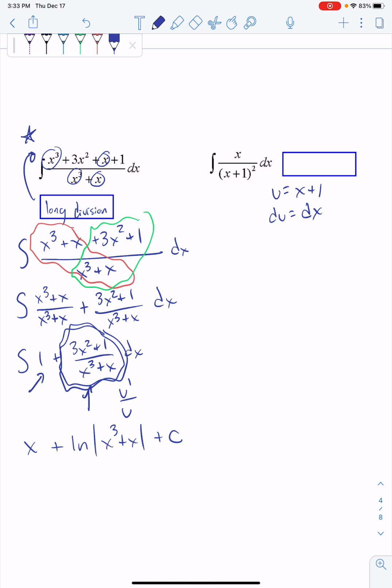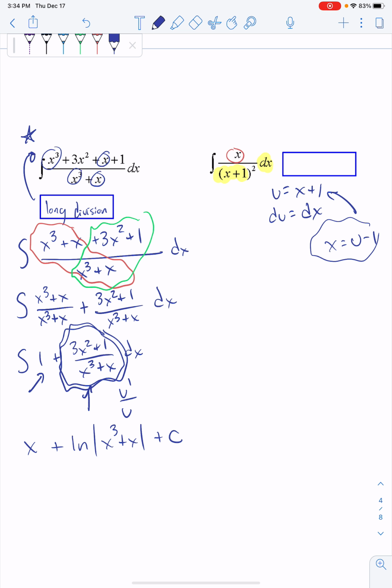Now the problem is I've got this part and I've got this part, but I still have this x hanging out on top. The nice thing is when it's just an x, remember back in the last unit, I can take this equation, and if I solve it for x, if I minus 1 from both sides, x equals u minus 1.